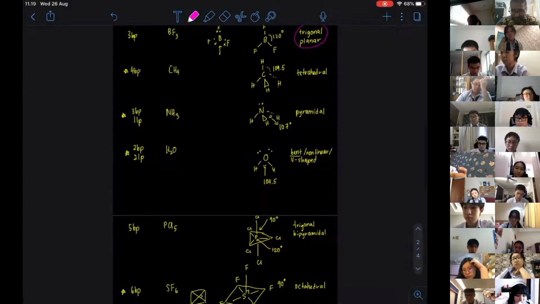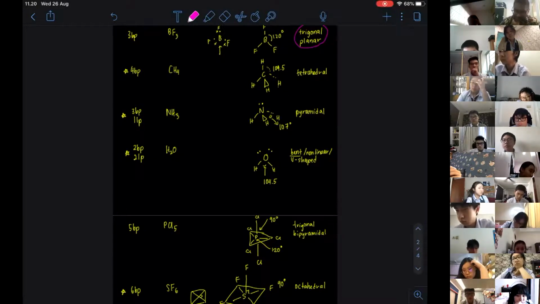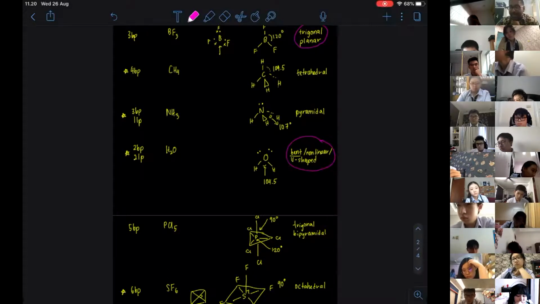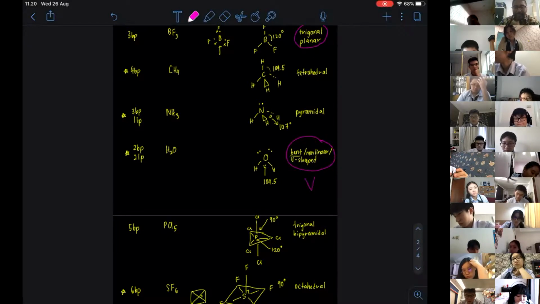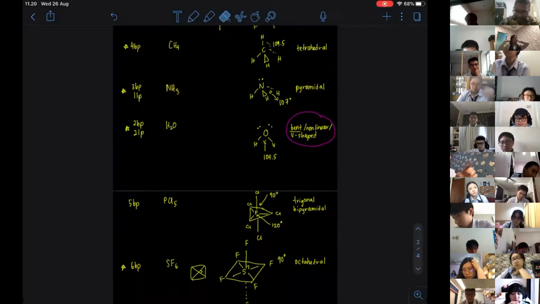Is water, bent, V shape or non-linear, Audrey, is it planar or non-planar? Planar. Yes, very good. It's planar. It can be formed on a piece of paper, V. How about trigonal bipyramidal?